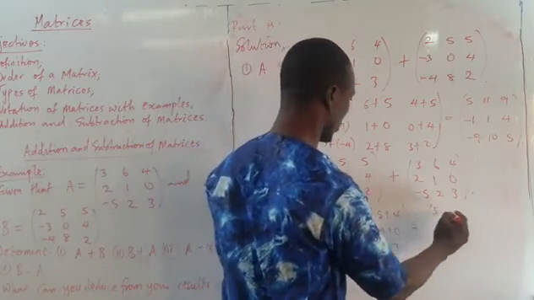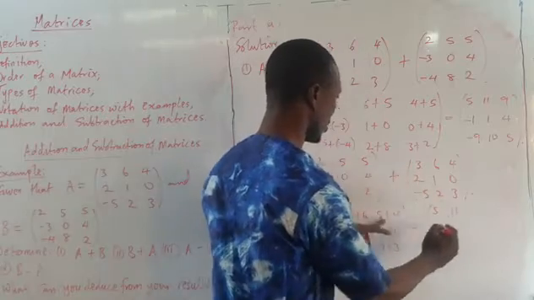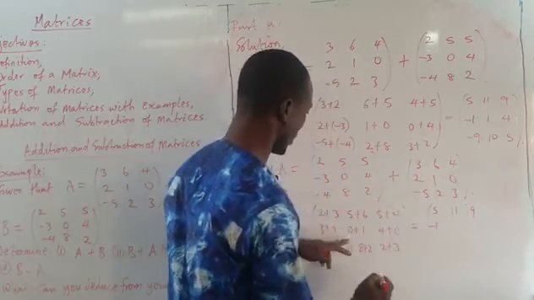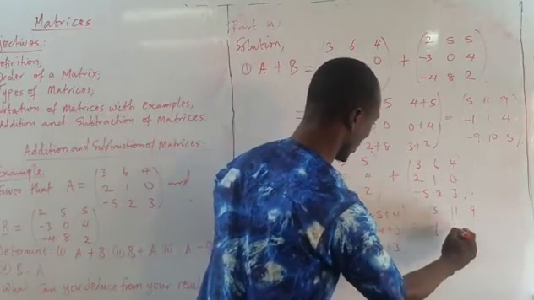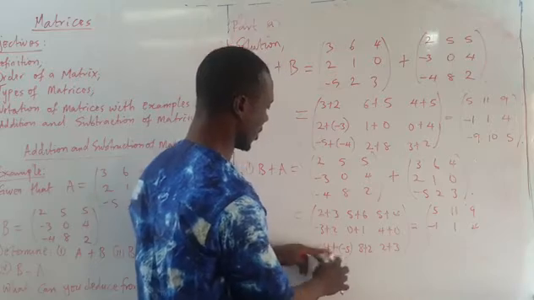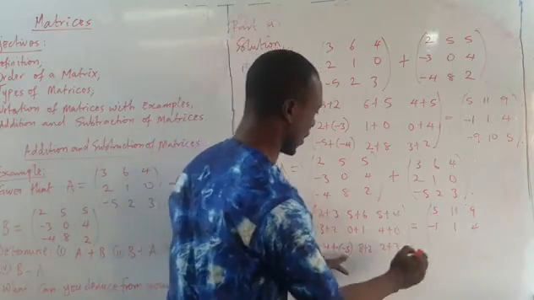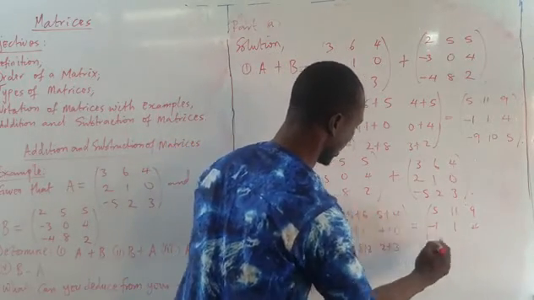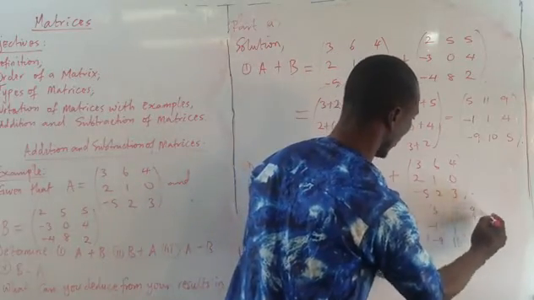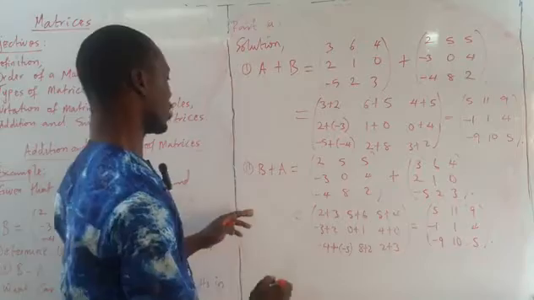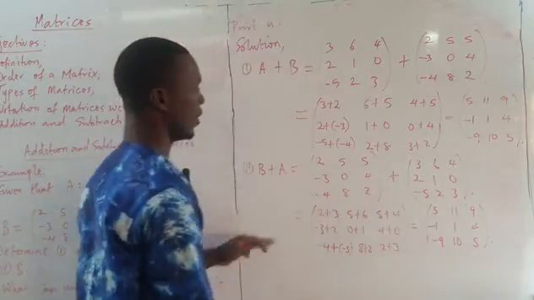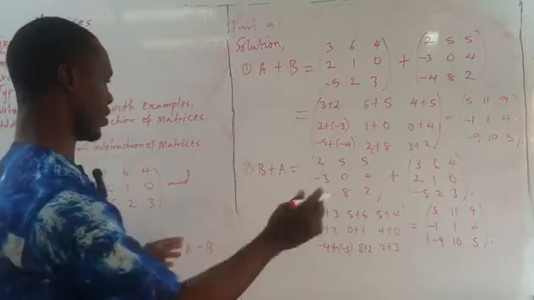Then 5 plus 6, that's 11, 9. Then minus 1, 0 plus 1, that is 1. Then 4 plus 0 is 4. Then plus times minus is minus. Minus 4 minus 5 gives us minus 9. Then we have 10 here, and 5. So the addition of B to A, that is B plus A, gives us 5, 11, 9, and so on like that.